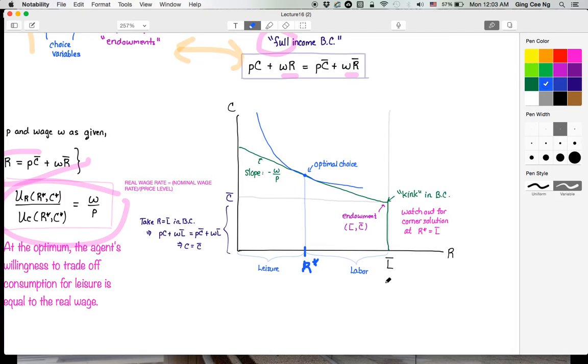And then the difference, which is this distance here, is L bar minus R star. That's actually equal to L star.